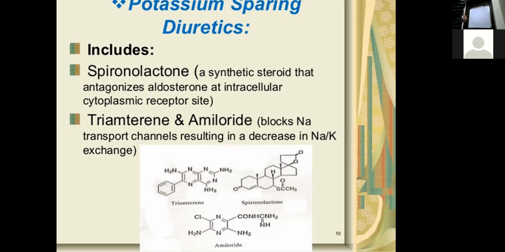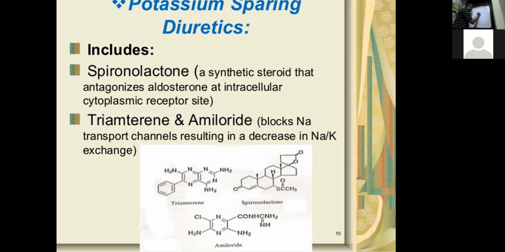Whenever you draw the structure of amiloride, the first thing you have to draw is the pyrazine moiety, with amino groups at the 2 and 4 positions in case of amiloride. This is the first thing that you have to do.